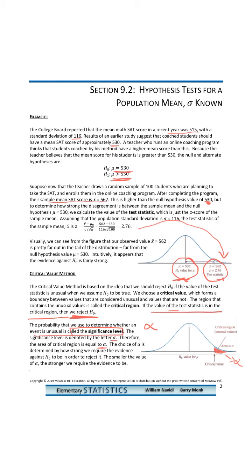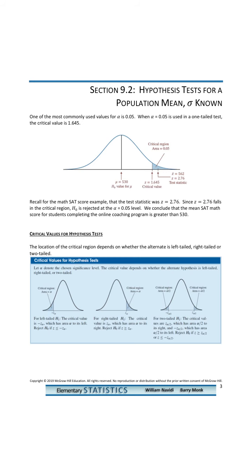The smaller the value of alpha, the stronger we require the evidence to be. The most commonly used values for alpha are 0.05 and 0.01.